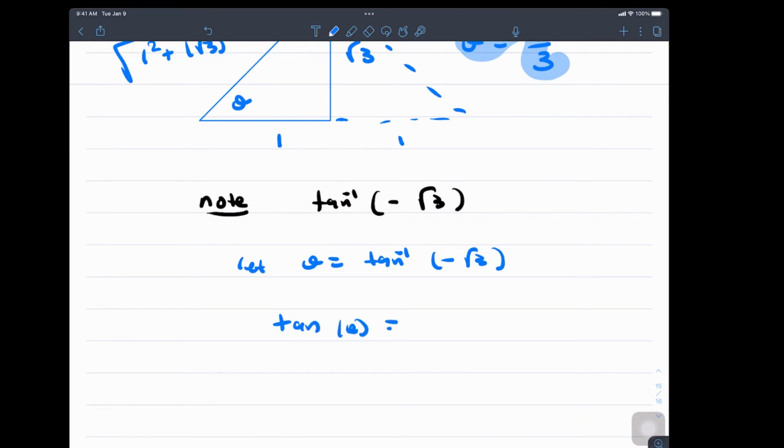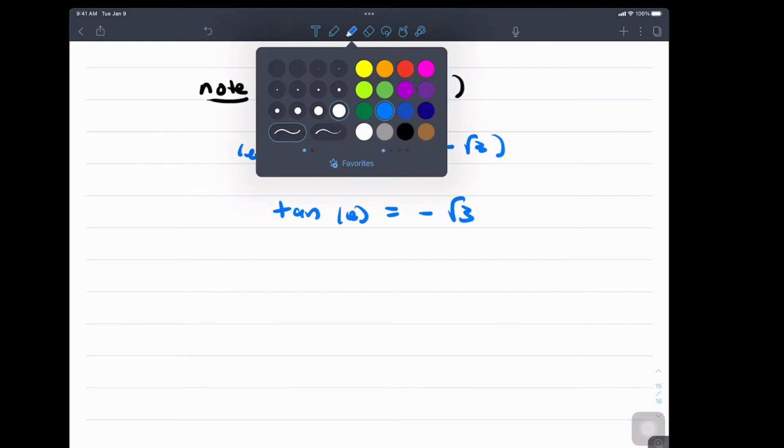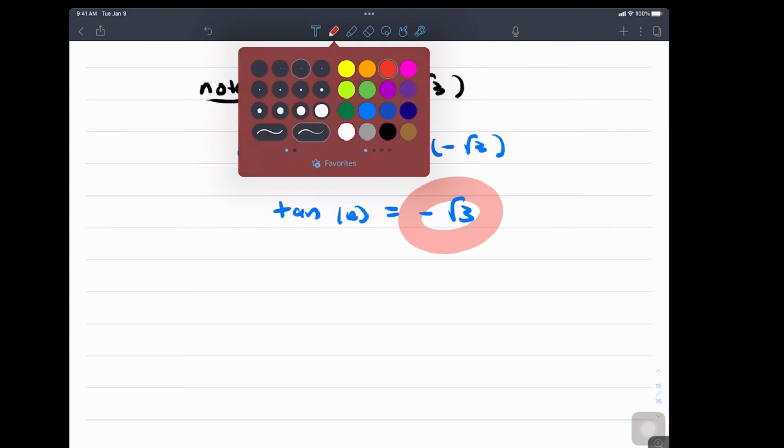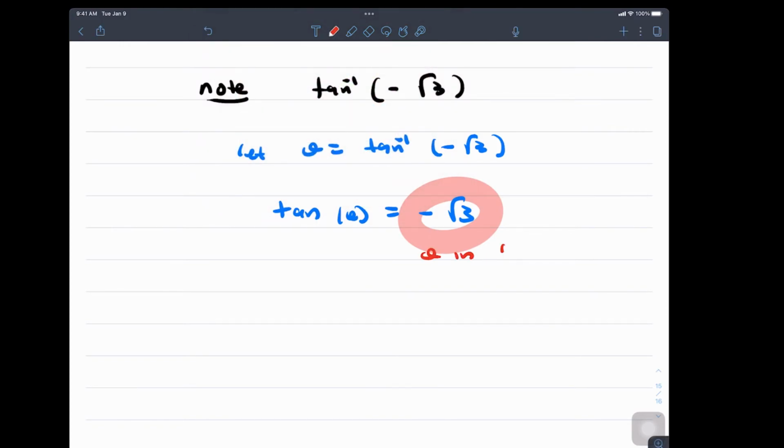Tangent theta is negative square root of 3. And you go, wait a minute. Tangent's negative? Yeah, what does that mean about theta? Theta is in quadrant 4.